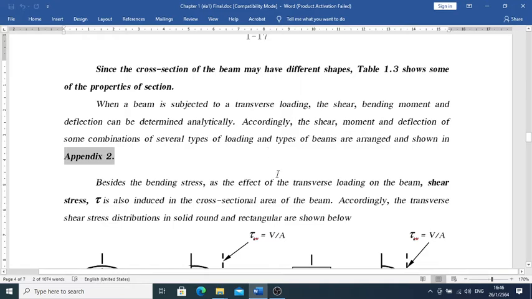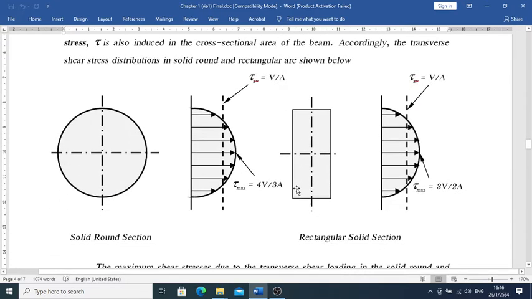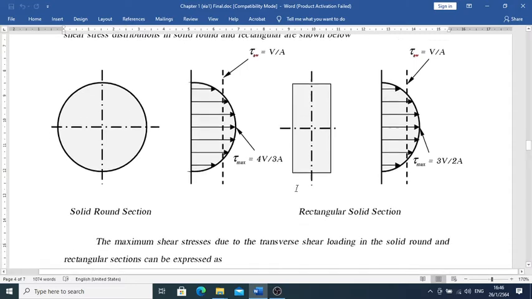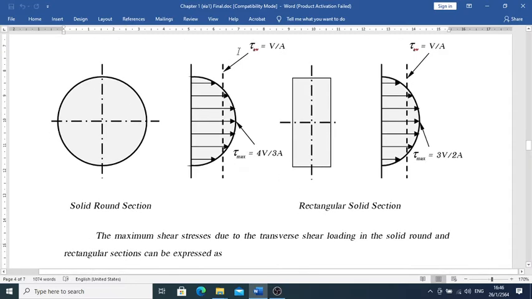Another thing: we experience not only the bending stress, but also shear stress induced within the beam. If the beam has a round section, we experience a tau max right at the center.